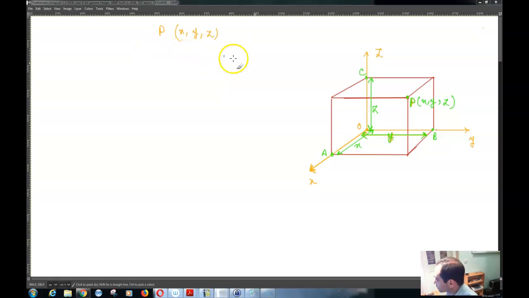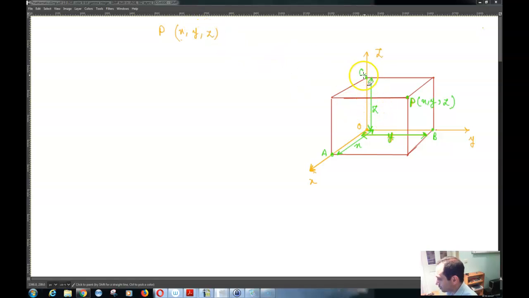The converse process you can do here as well. Given x, y, z, so let's say that you have P with coordinates x, y, z, we locate the 3 points A, B, C on the 3 coordinate axes. A corresponding to x, B corresponding to y, and C corresponding to z.